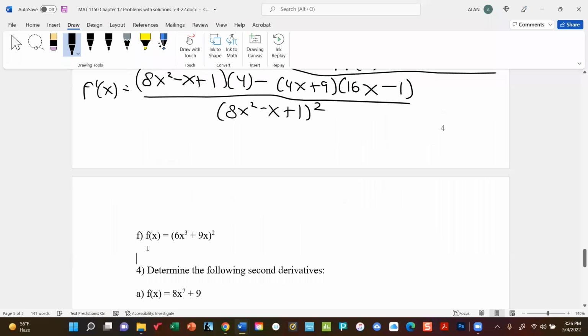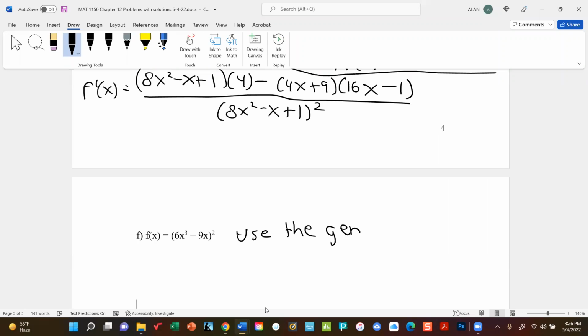It's a little different because you're raising a polynomial to an exponent. So this is sometimes called the generalized power function rule.